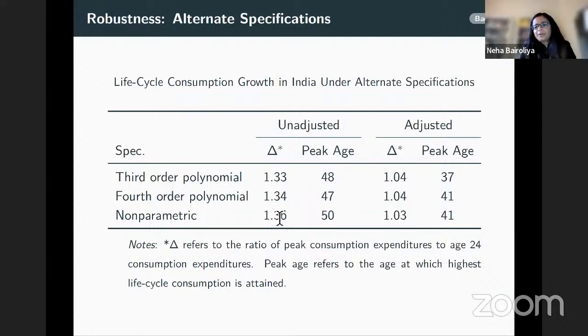We find that no matter what you do, even if you use a very, very simple framework where you have a third order polynomial of age or a fourth order polynomial of age, even in this parametric class of families, it does not change much. Aggregate consumption in India grows anywhere between 33 to 36% over the life cycle. But once you adjust for family, it's a flat profile. That's what we find. No matter how we look at it, no matter which subgroup we look at, no matter which expenditure categories we look at.